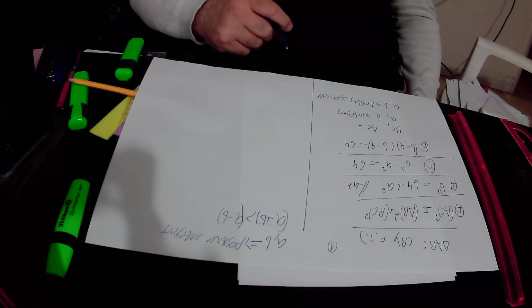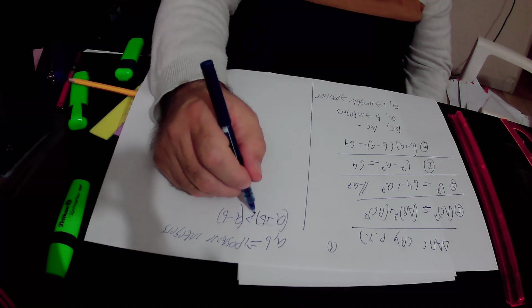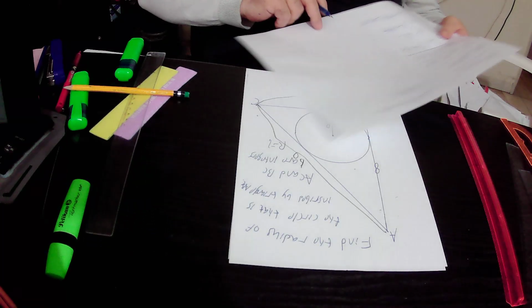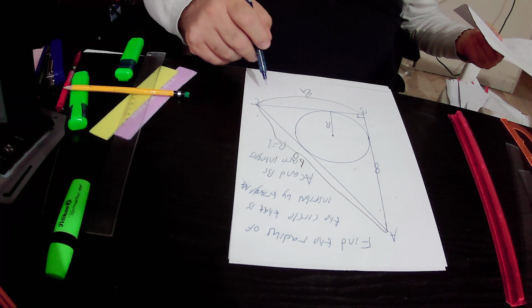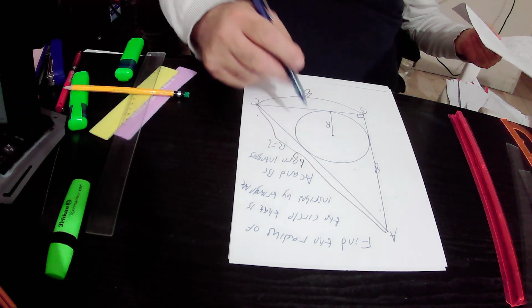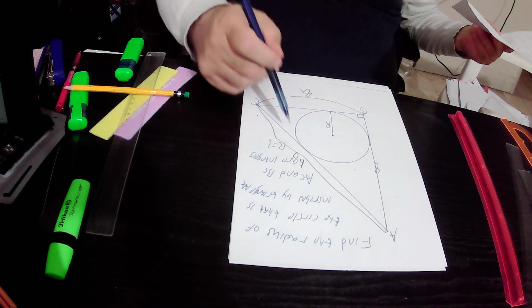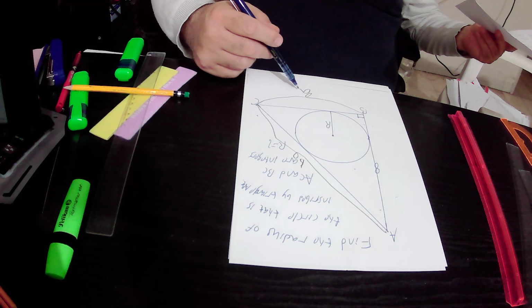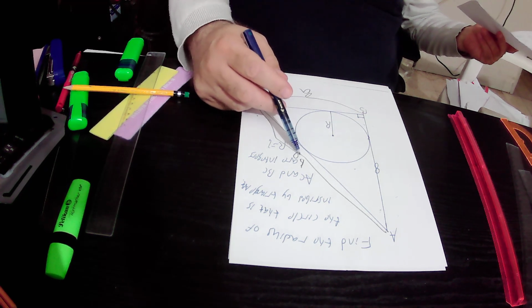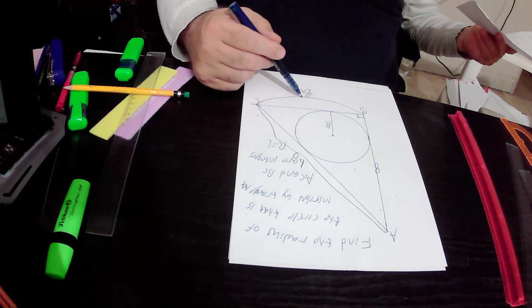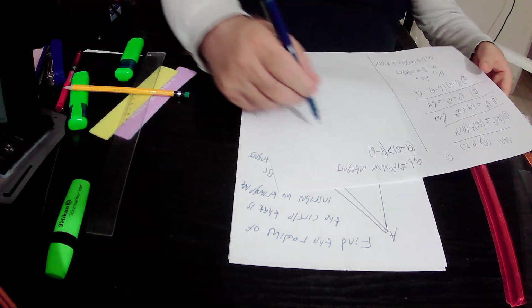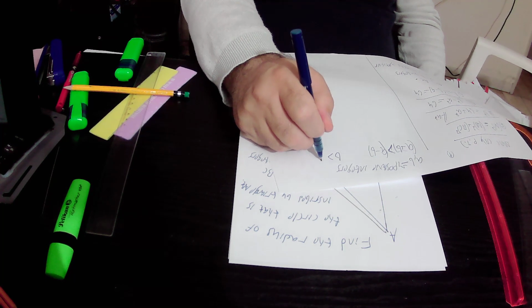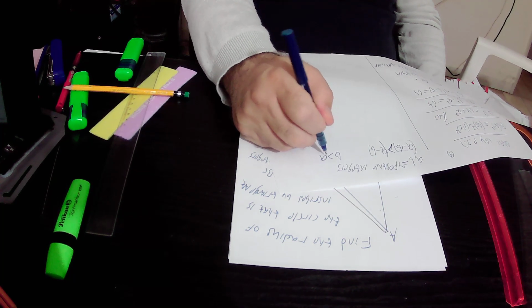Therefore, A plus B must be greater than A minus B. And because AC equals B, and AC is the hypotenuse, the hypotenuse is always greater than the perpendicular, which is A. So the hypotenuse B must be greater than the perpendicular A. So B is greater than A.